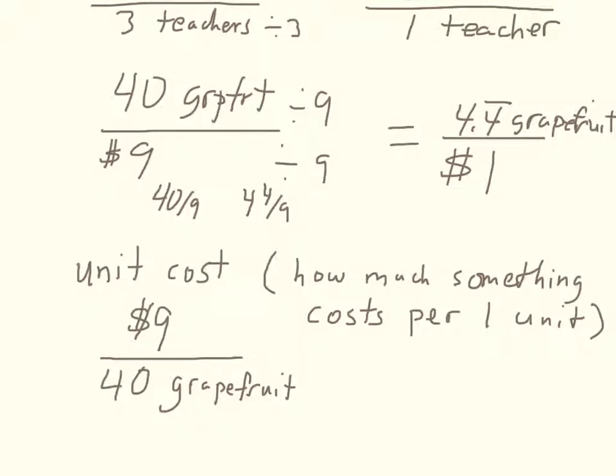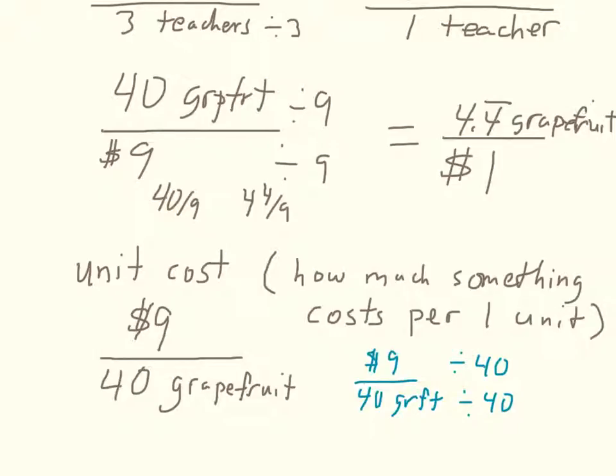So in this case, notice I put the dollars in the numerator. You'd always want the dollars in the numerator for a unit cost. So here I'd have the $9 in the numerator, the 40 grapefruit in the denominator. This time I'd want to divide. I want to get the 1 in the denominator.